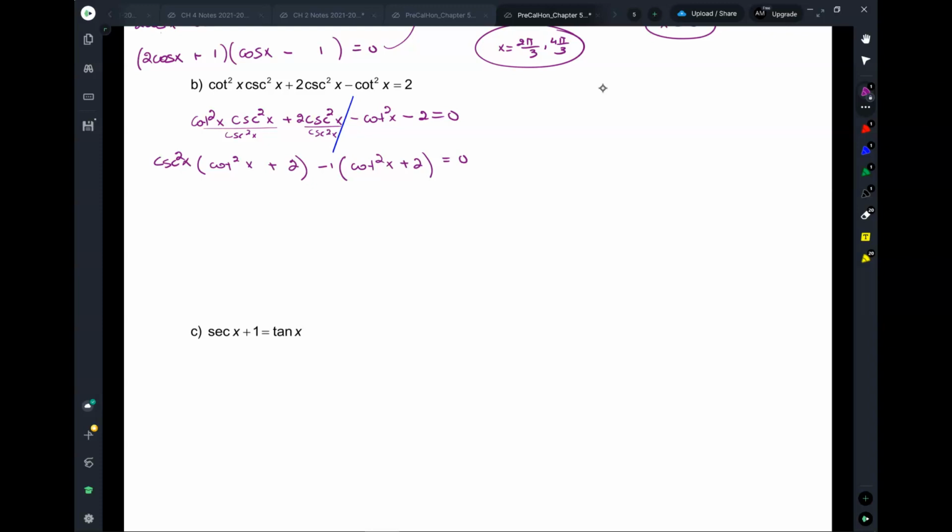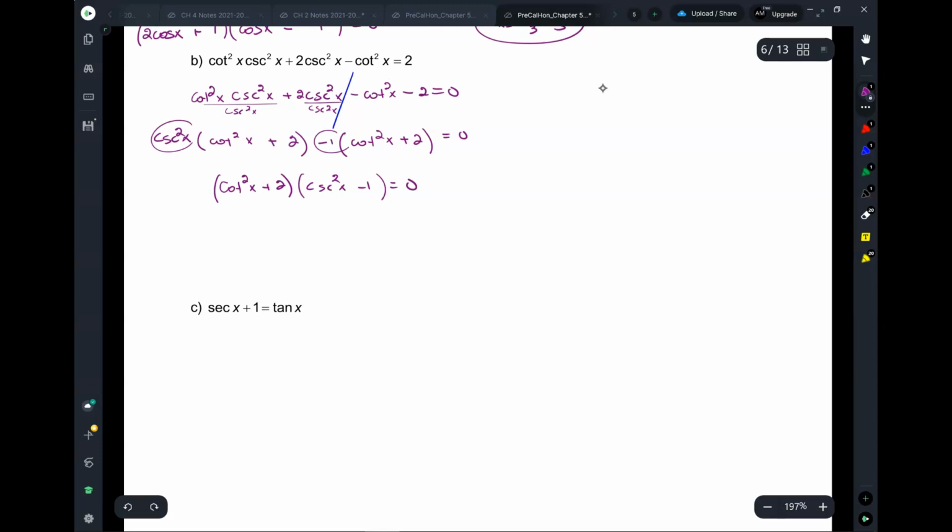So let's see what we have left: cotangent squared x plus 2 times cosecant squared x minus 1. Okay, let's set these equal to 0.